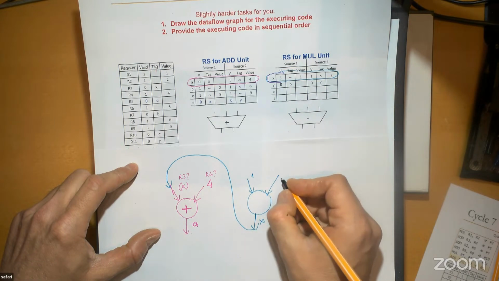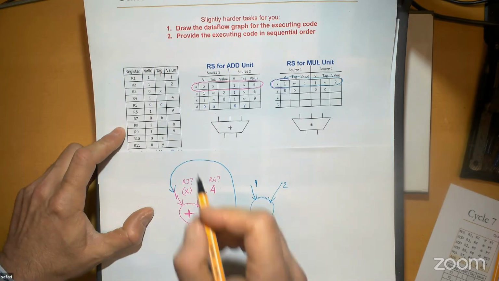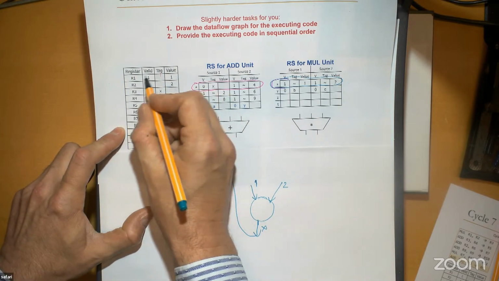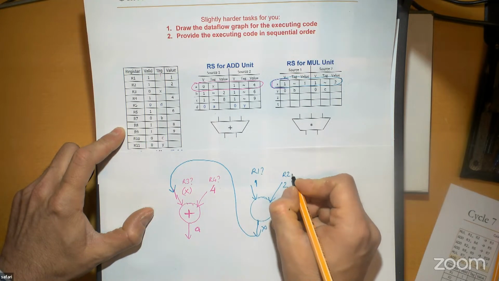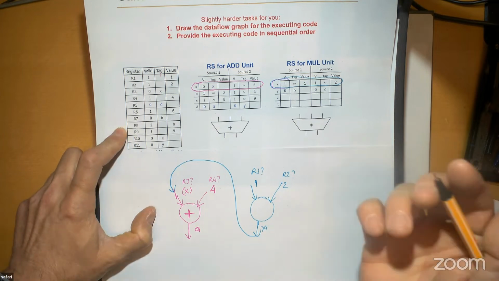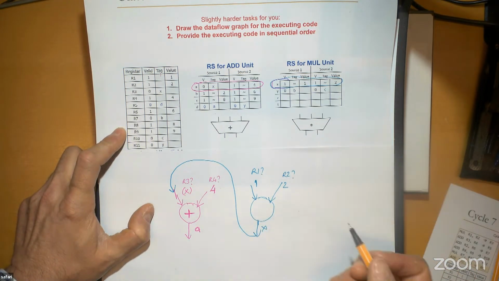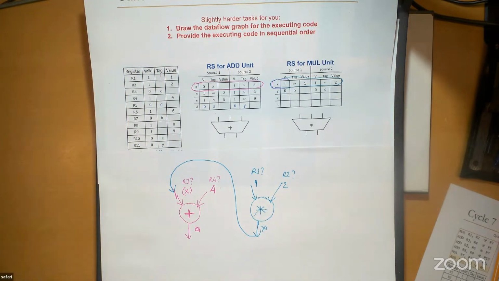And the other input is 2. And they're both ready. That's good. And I kind of have a suspicion by looking at the register file that they may be actually R1 and R2, right? Maybe this is R1. Maybe this is R2, right? Because there's no other 1 or 2 value over here, right? It's constructed that way. Okay? So now I know these data flow nodes. This is a multiply. Okay?